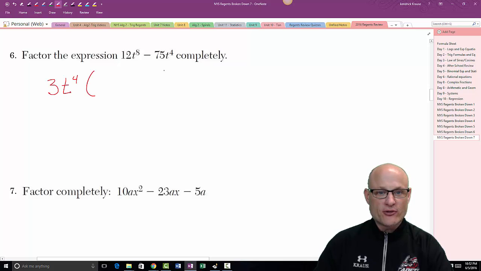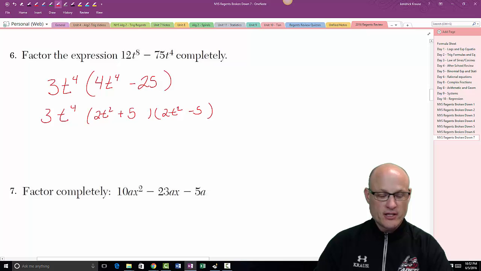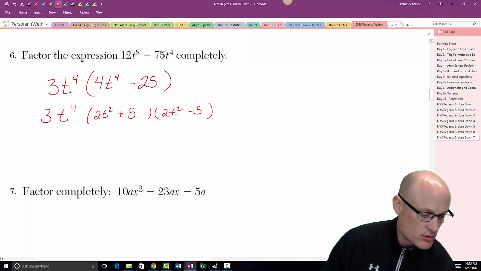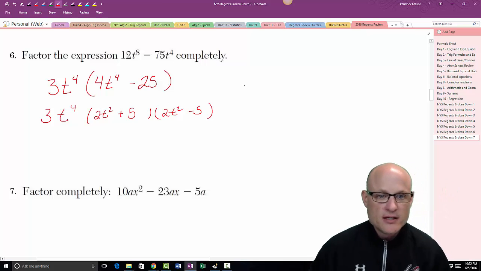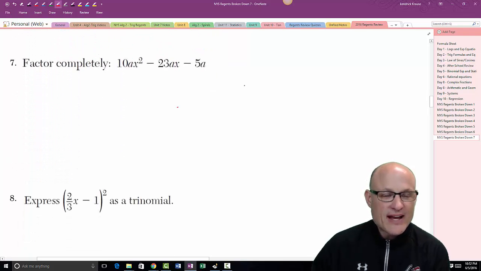Notice no equal sign, so there shouldn't be any equal signs at the end. 4t to the 4th minus 25. So 3t to the 4th, 2t squared plus 5, 2t squared minus 5. There you go. That's it. Finished. Factor completely.